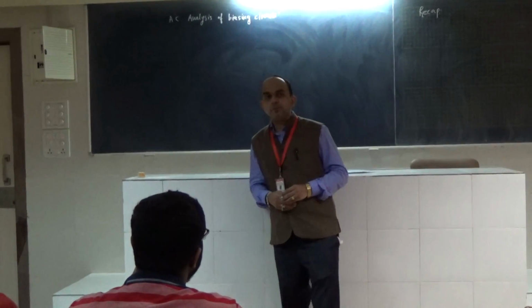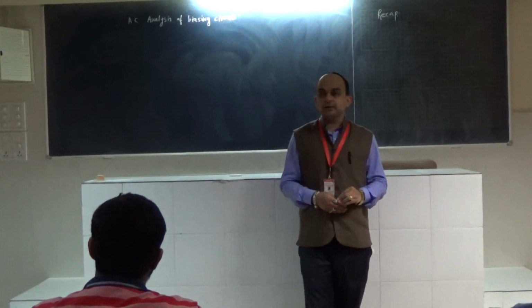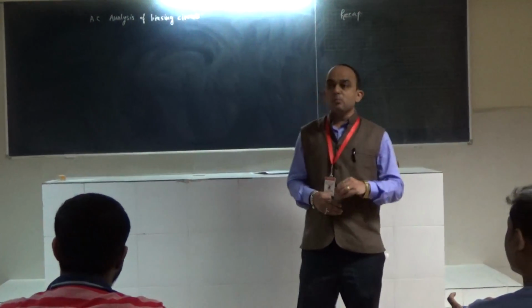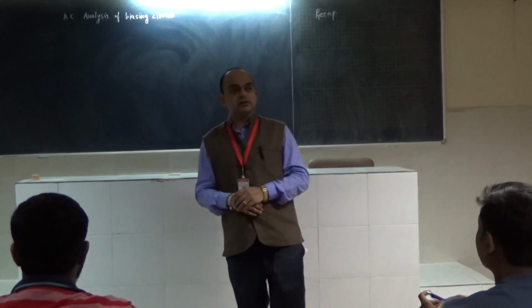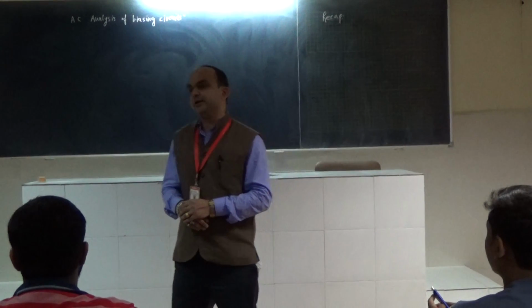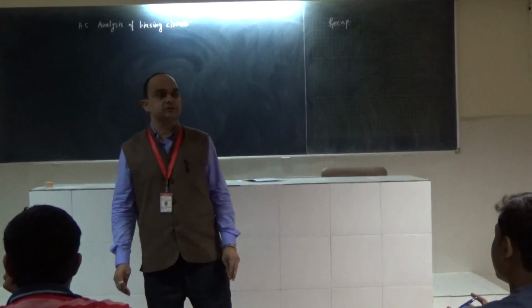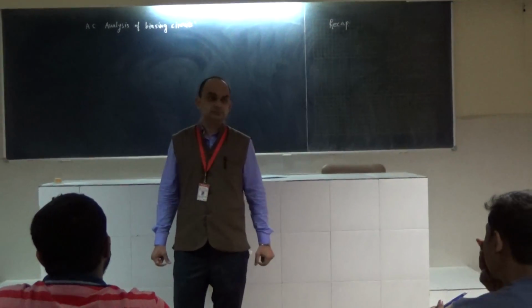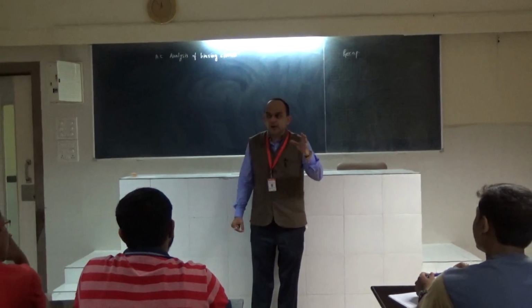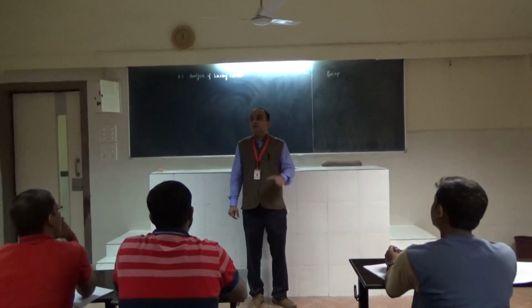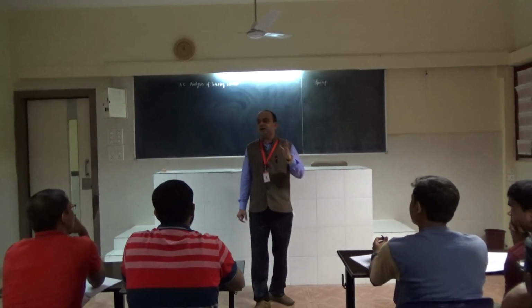Then we have seen problems on fixed bias circuit, collector to base bias circuit, and more emphasis was given on the common emitter configuration self bias circuit. We have solved in fact 3 problems in the previous couple of lectures. Can anybody tell me which theorem we have used? Thevenin's theorem, to find out RTH and VTH.